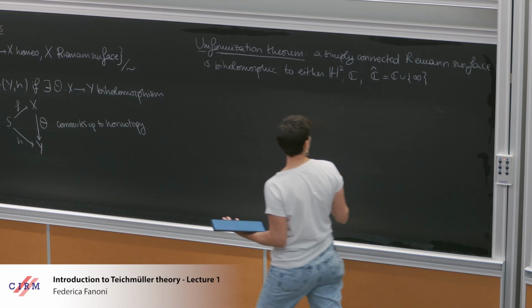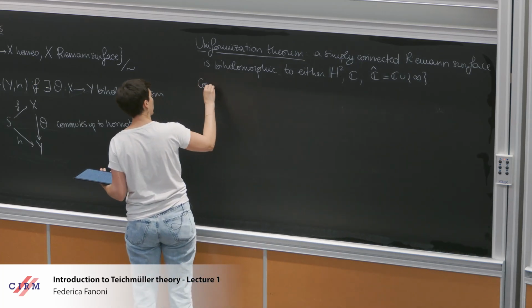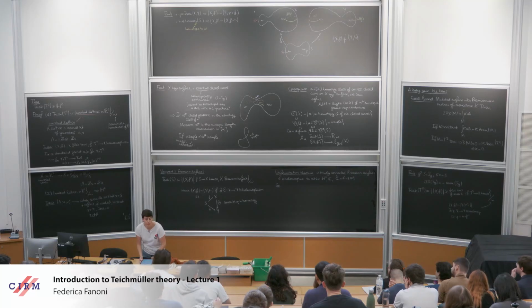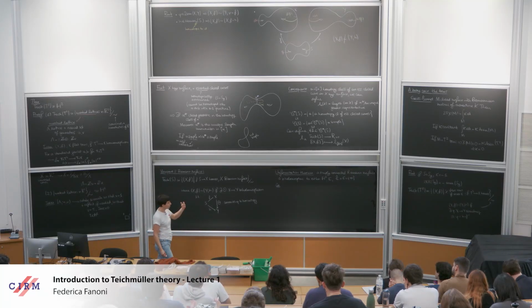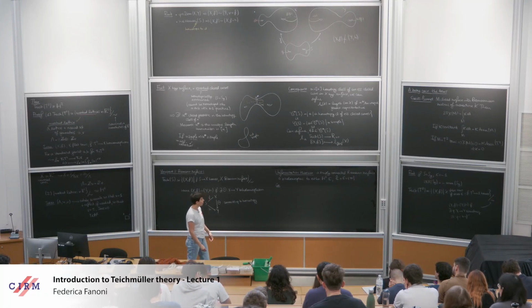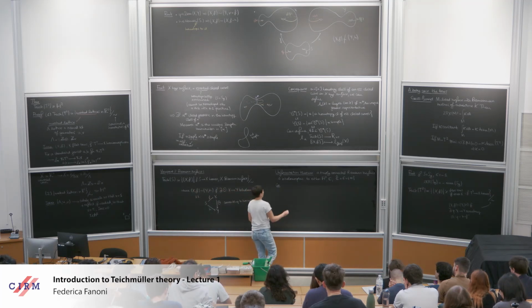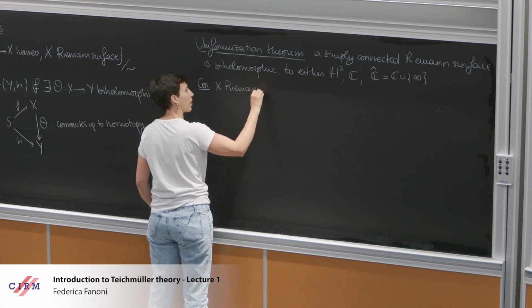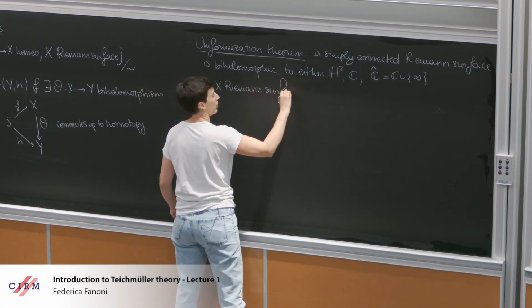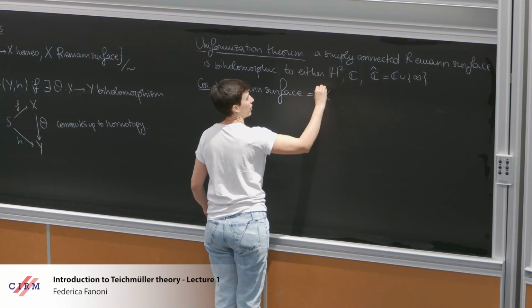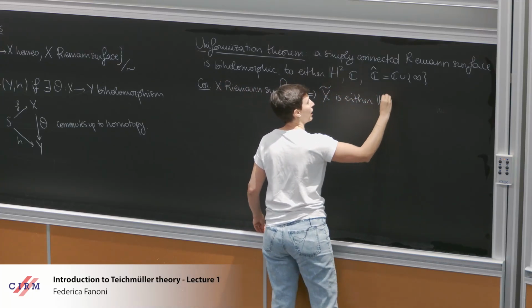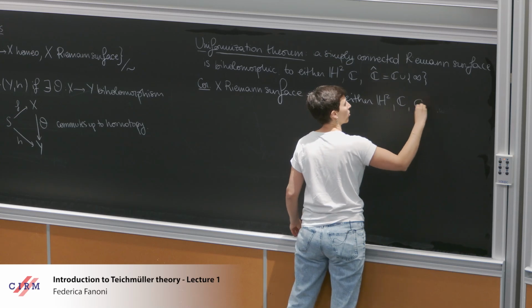And so the corollary of this is that if I take a Riemann surface and look at its universal cover, by definition the universal cover is going to be simply connected, and it's going to be a Riemann surface with the induced structure. Then its universal cover is either the hyperbolic plane, C or C hat.